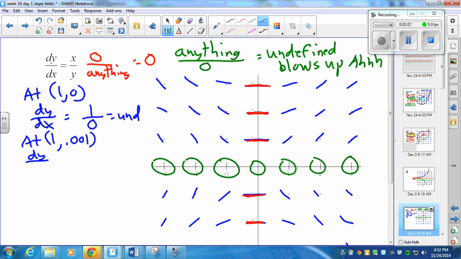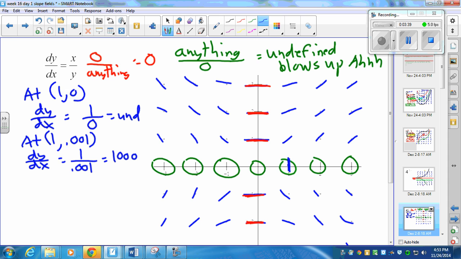Your dy/dx would be 1 divided by 0.001, which is a lot. Is it 1,000? Let's see. 1 divided by 0.1 is 10. Then 100. Yep, it's 1,000. So right there, just above it, just barely, my slope is super duper positive, like ridiculously positive, like infinity positive.